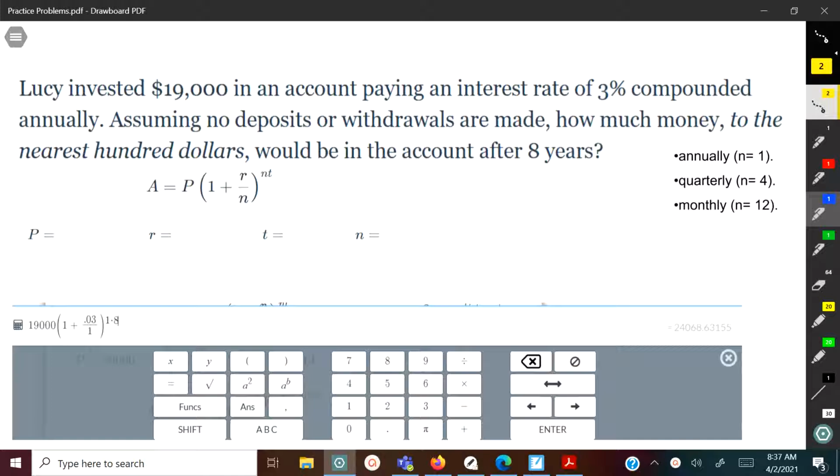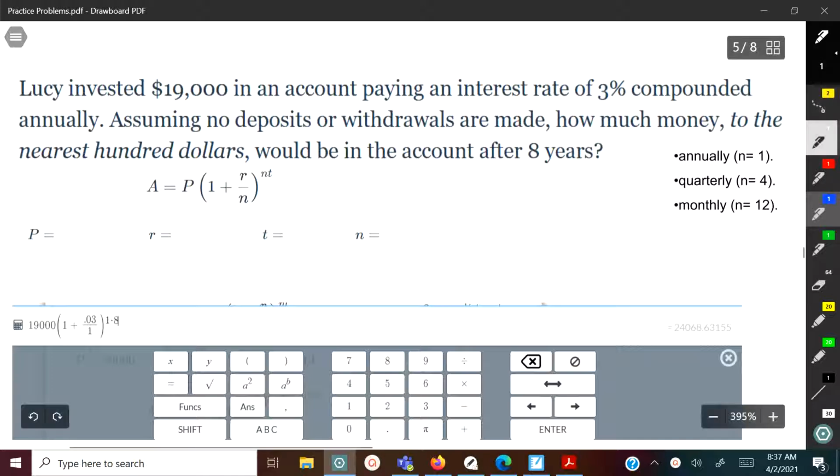So this is what you want to do. It's real easy if you lay out everything you need, and you won't need A, you just need the P, the R, the T, and the N. Let's lay that out and write down each number for everything it is. So P is the number that we start with here. And I'm going to do that one in black. So that's 19,000.